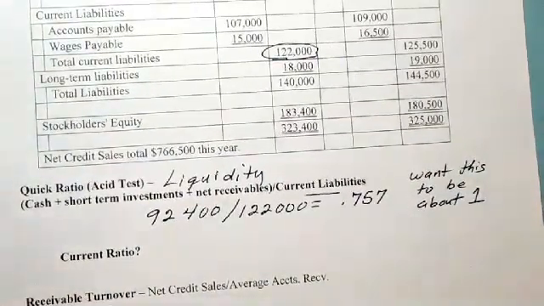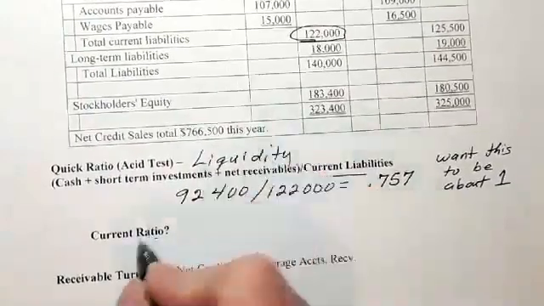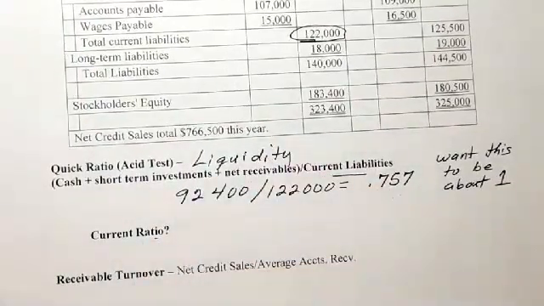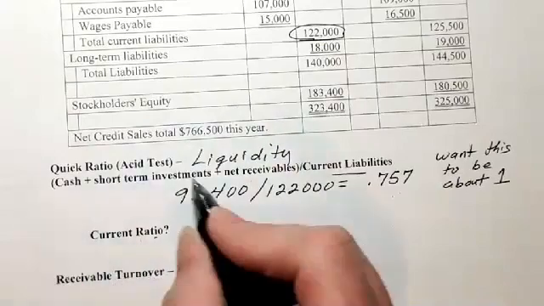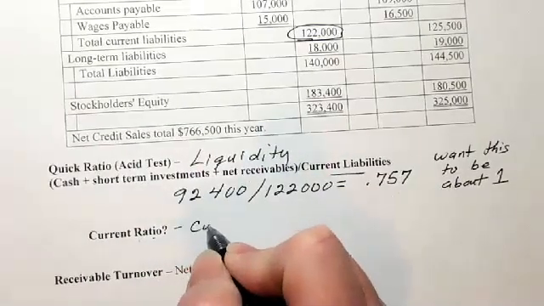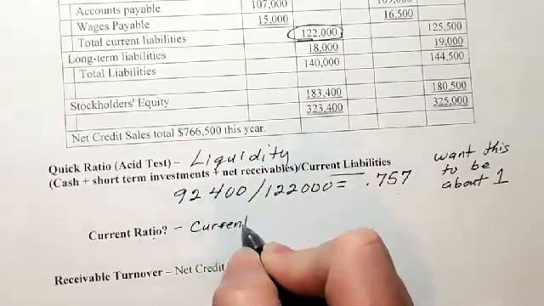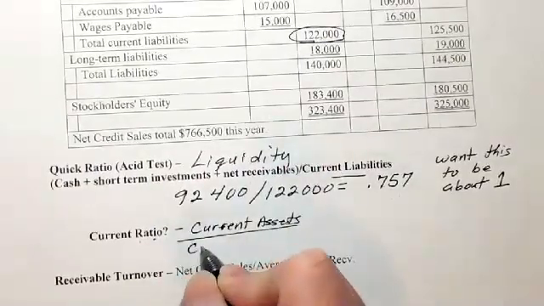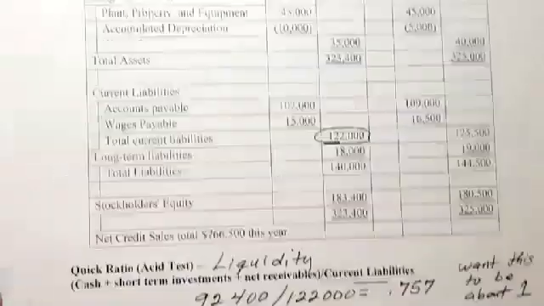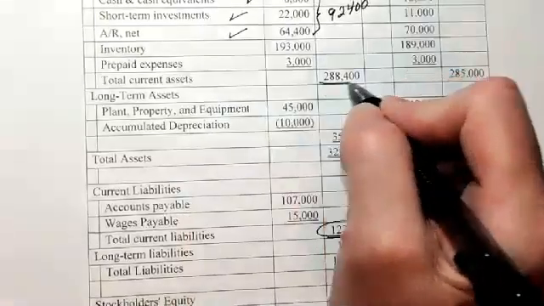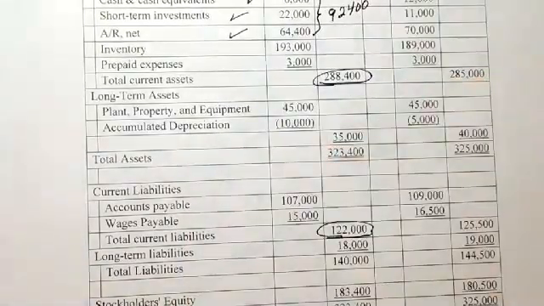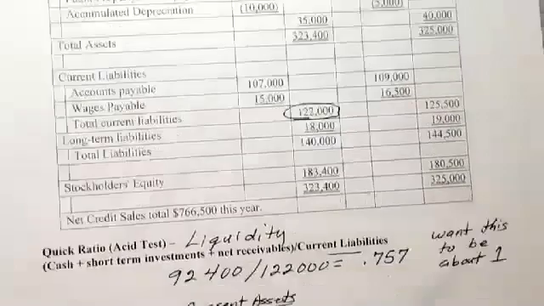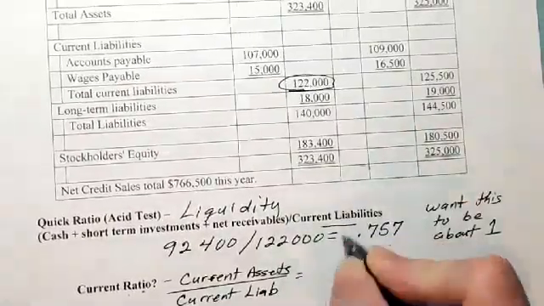When I compare that to the current ratio, which we talked about a long time ago, which is also liquidity, if you remember, that one was just your current assets divided by your current liabilities. Current assets up here are 288,400. They'll always be more than, they could be equal, but normally more than, because you've got inventory.